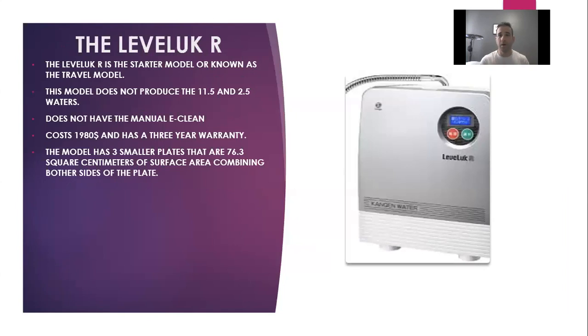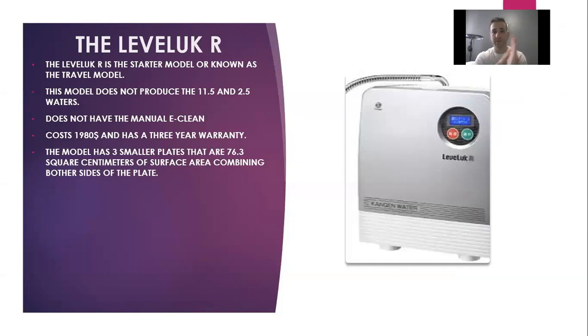All the other models, from the JR2 to the ST501 in Platinum to the K8 to the Super, they all use a larger plate than the Levelux R. It's not that much larger. Here, I explained that it's 76.3 square centimeters of surface area, and that's combining both sides of the plate.